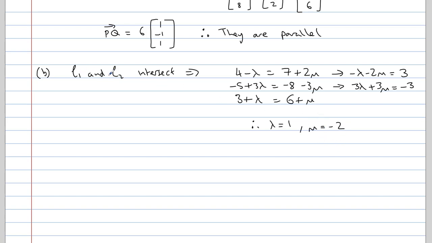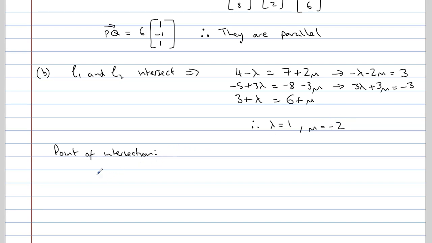If we were asked to show that these 2 lines intersect, we would then have to check these 2 values satisfy the third equation, but unless you want to check your answer for the other parts, there's no real reason to do that. So we still need to find the point of intersection, and we could do that by either substituting lambda into L1 or mu into L2.